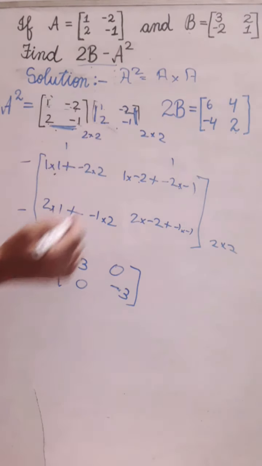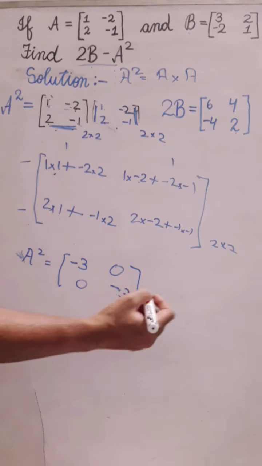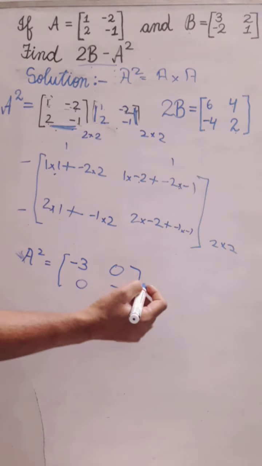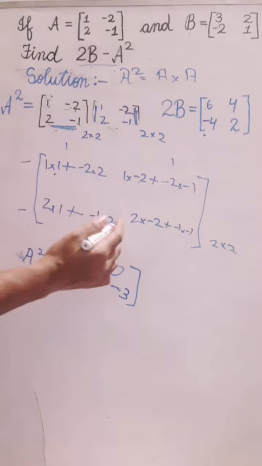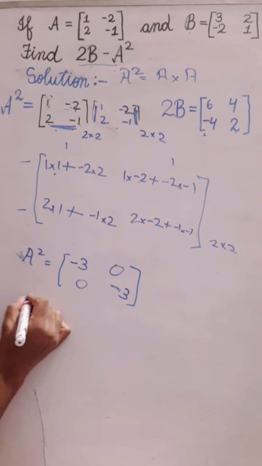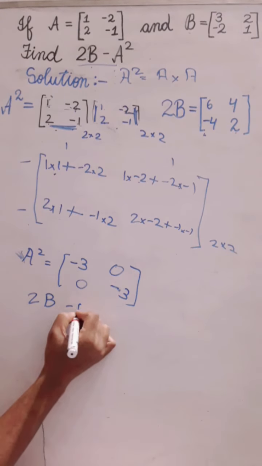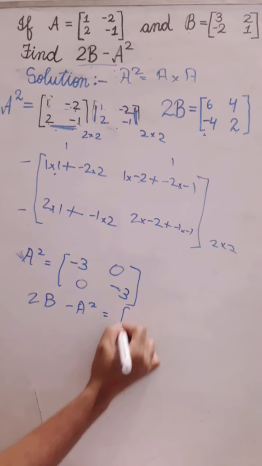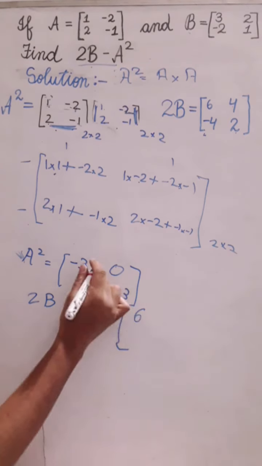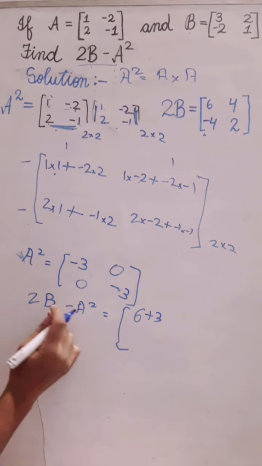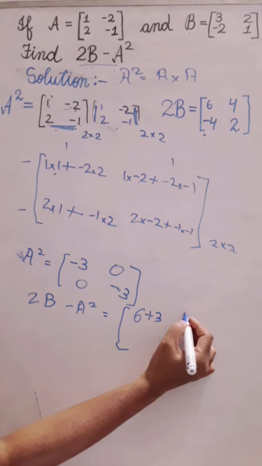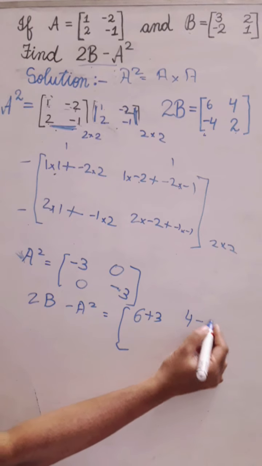Now we need to calculate 2B minus A square. So I need to subtract this from this. So here 2B minus A square will be: 2B is 6, minus A square, minus minus will become plus. Then 2B is 4 here and minus 0.